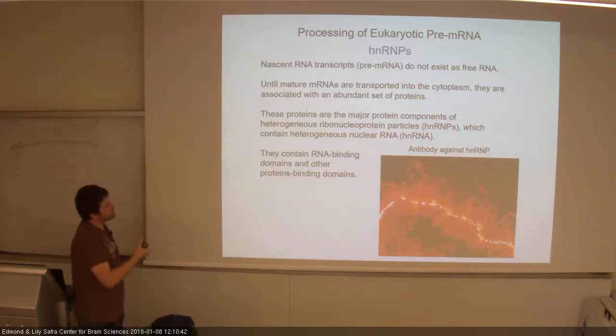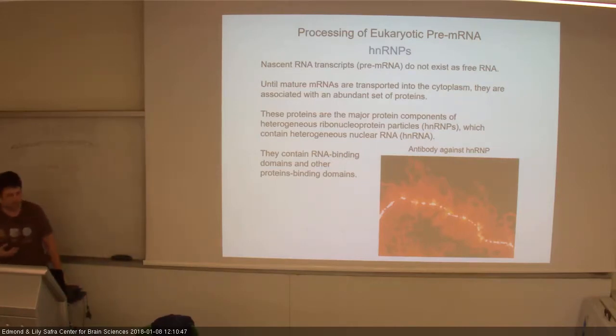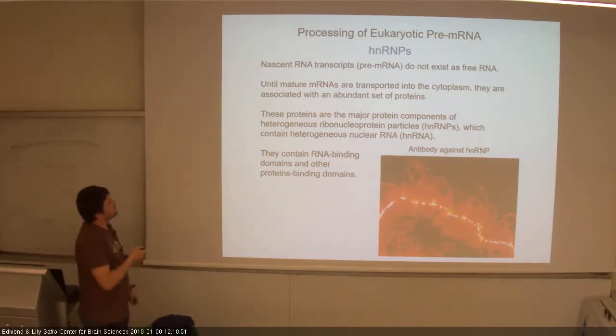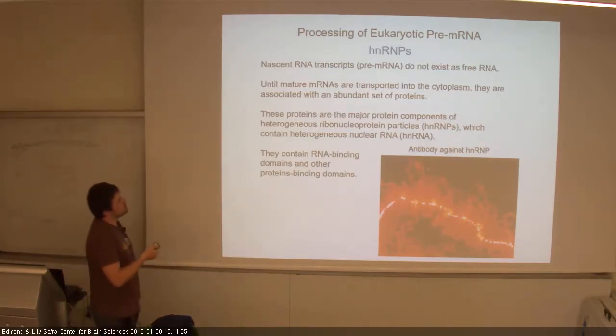The proteins or the RNA molecules that do the work of processing the nascent RNA, the RNA in the cell that will be processed, are molecules that we call hnRNP.